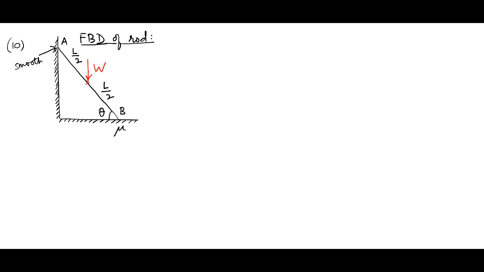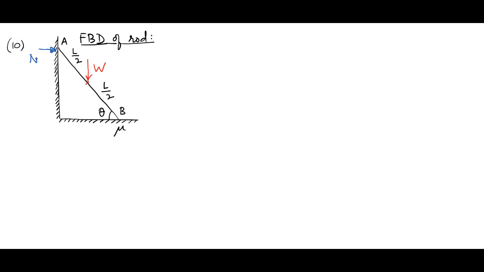The other forces acting on the rod are at end A, the force exerted by the wall. Now since end A is resting on the smooth wall, the force exerted by the wall on end A of the rod must be a normal reaction only, since friction is absent.